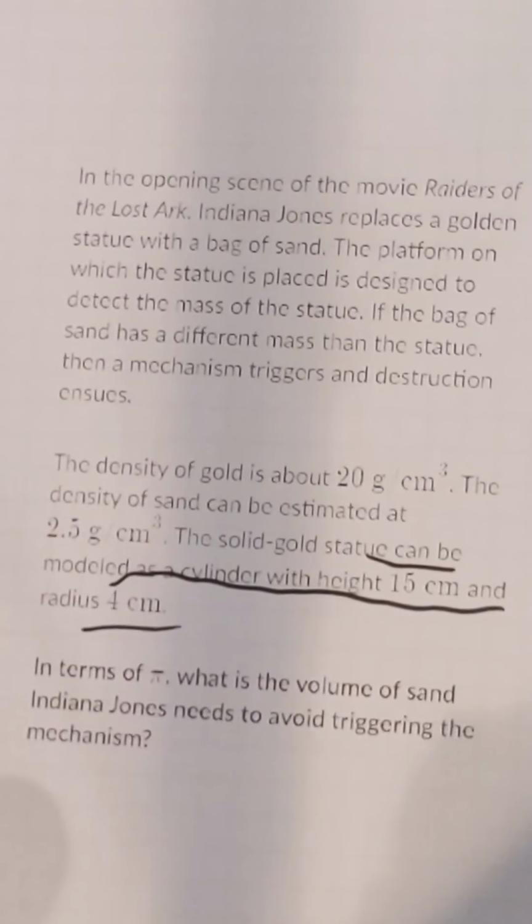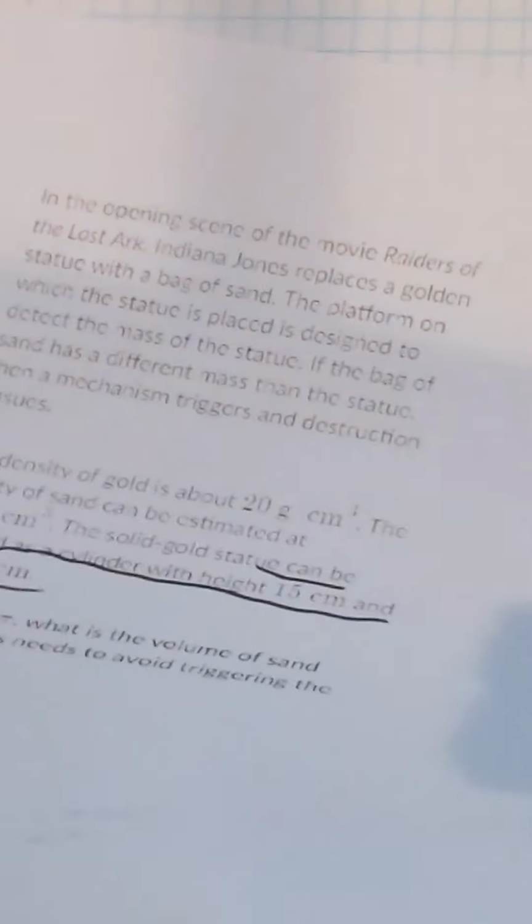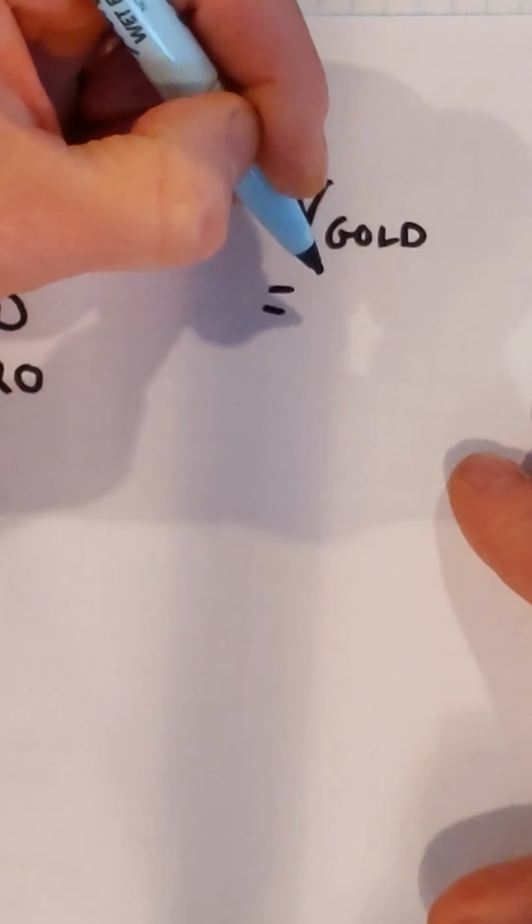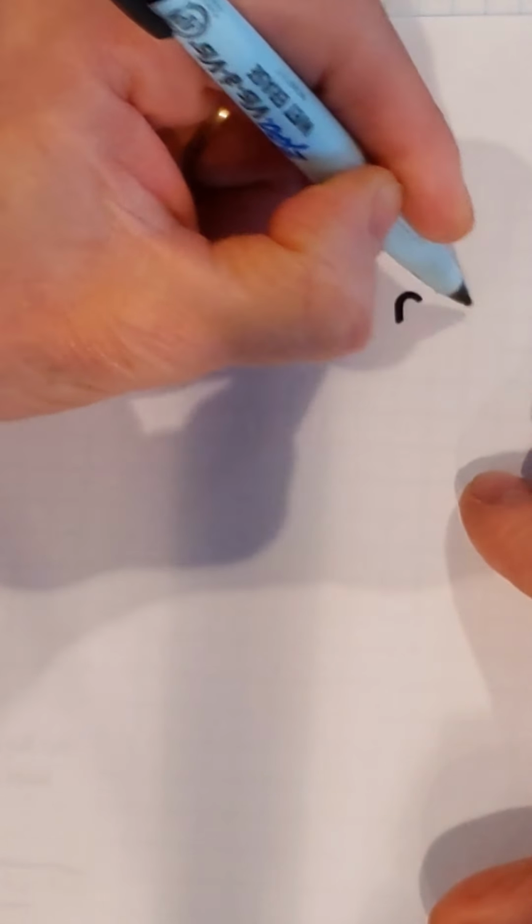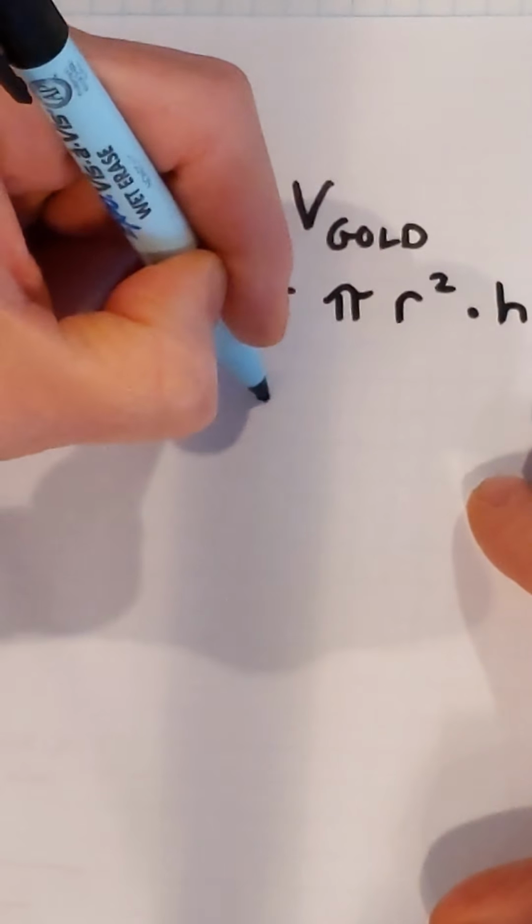They tell me it's a cylinder with a height of 15 centimeters and a radius of 4 centimeters. So I'm going to do some side work. I can figure out the volume of the gold statue because it's a cylinder. And we just did cylinders. We know that the volume of a cylinder is pi radius squared times height.